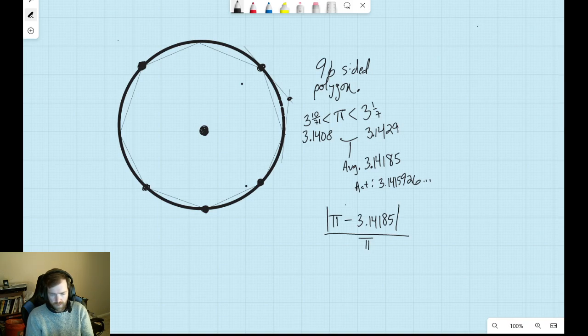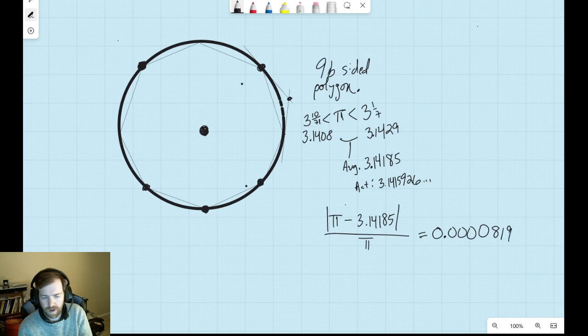So 3.14185 minus pi equals this, divided by pi. Okay, so the experimental error on this is 0.000819159, or approximately 0.0082%.